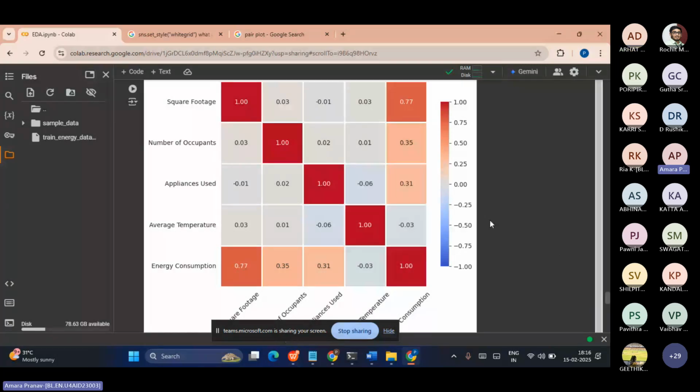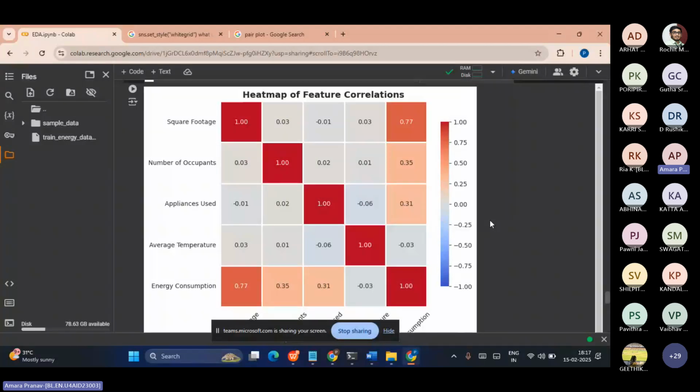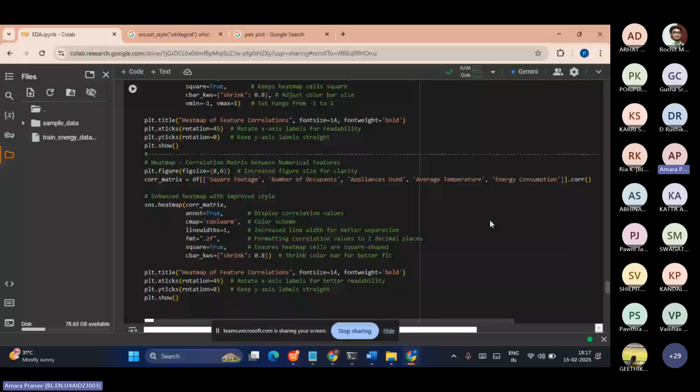So there can be a negative correlation between two features. Suppose this is increasing, the other one is decreasing. This correlation coefficient can always range between +1 and -1. So you see the similarity between these two.